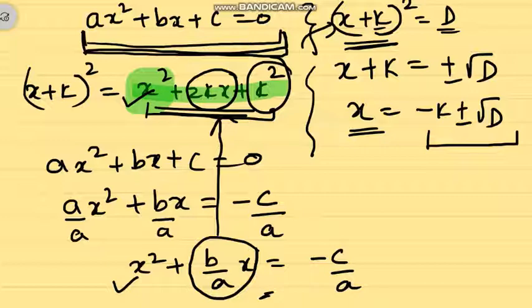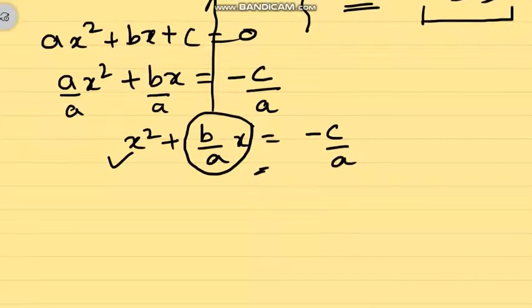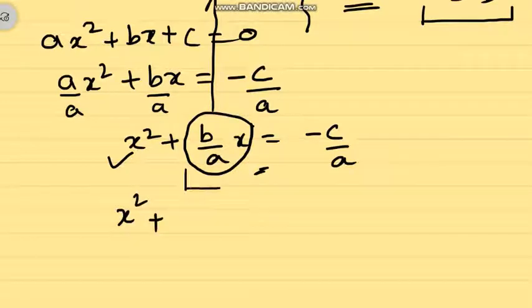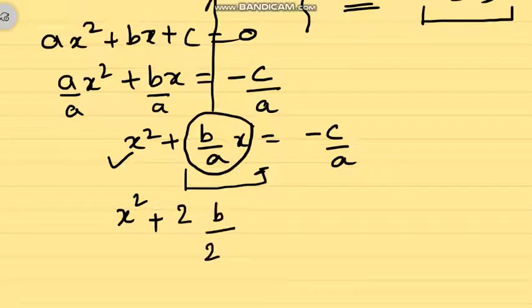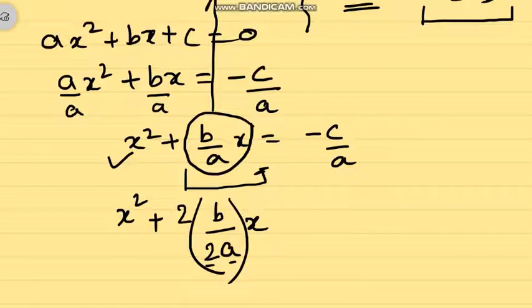That means you have to recognize what your k is. This can be written as x square plus, if you want to make it 2kx, you multiply by 2 in the numerator and divide by 2 in the denominator also. So it will become 2 into b by 2a x equal to minus c by a.